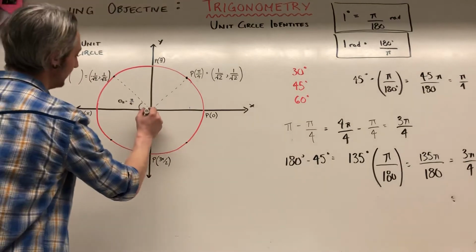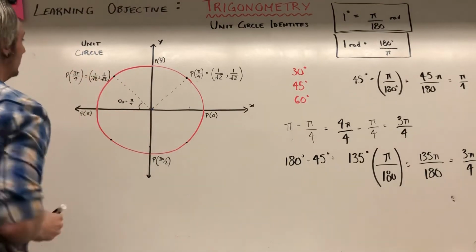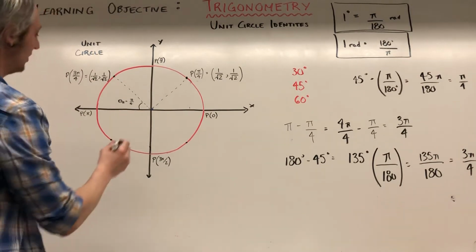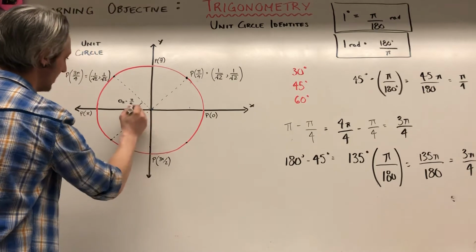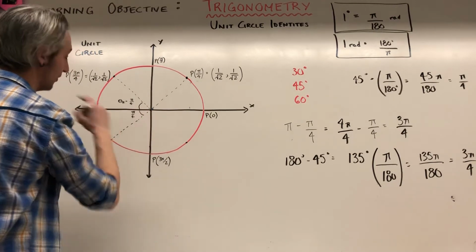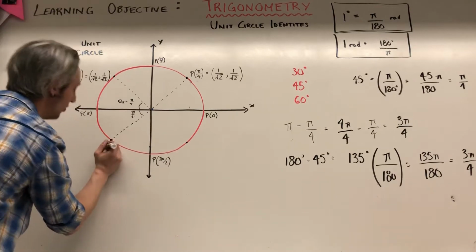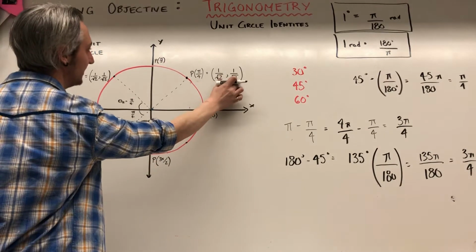Okay, so this is 3 pi over 4. And I can use the same logic to figure out this point. If this is the same 45-degree reference angle, pi over 4, this point is going to have the same magnitude, but the signs might be different.